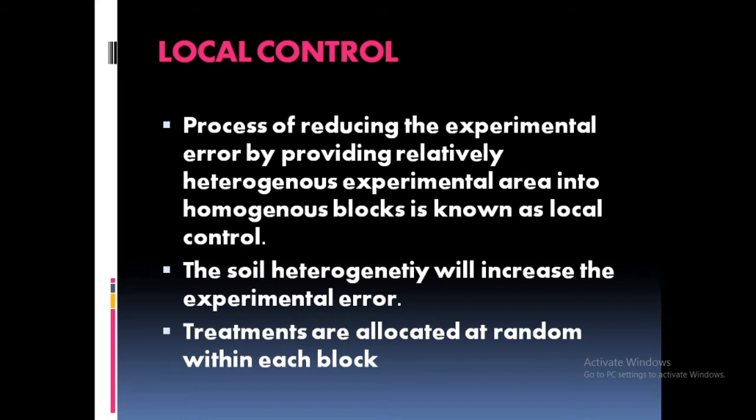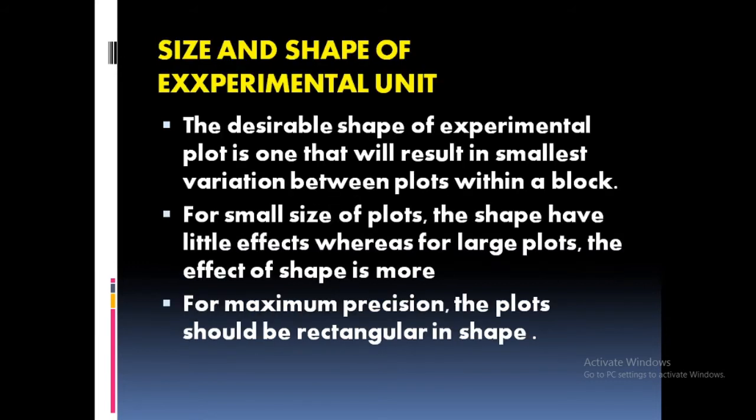Understood? So, the 3 important principles that we discussed here are, one, replication, second, randomization, and third, local control. Understood? Okay. Now, we are moving on to the size and shape of the experimental unit. The desirable shape of a unit is very important.